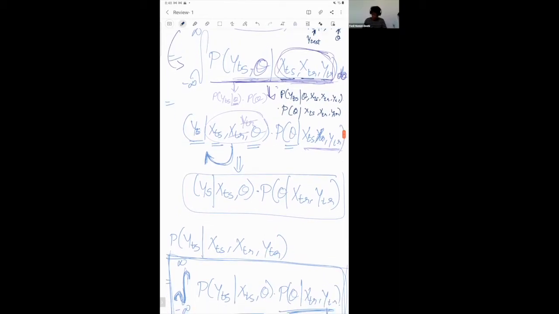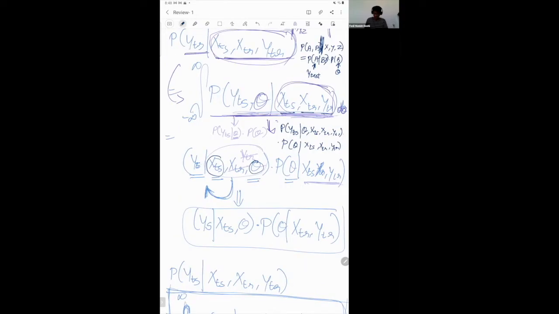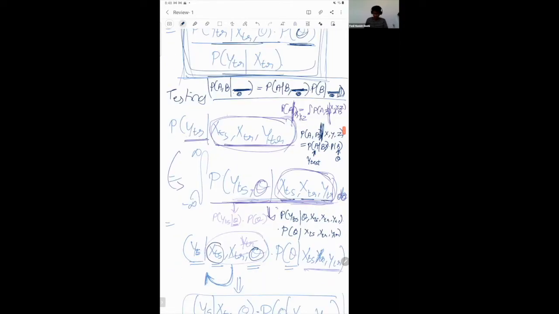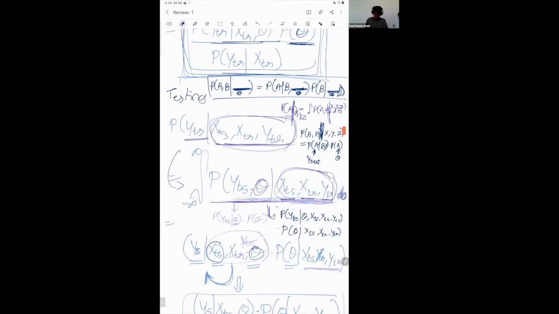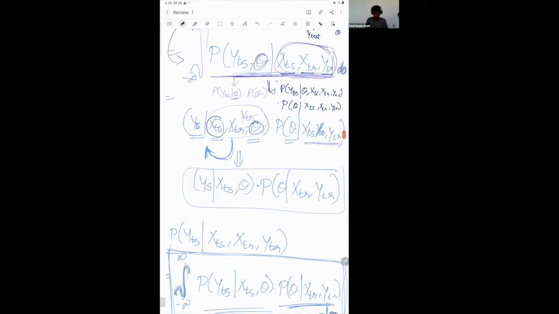Yeah. So now, as I said, given your test set, you don't need this. You don't need to predict your test outcome using your training data. You just need to predict it using x test and theta. So y test should only be dependent on theta and x test. It should be independent of x train and y train.